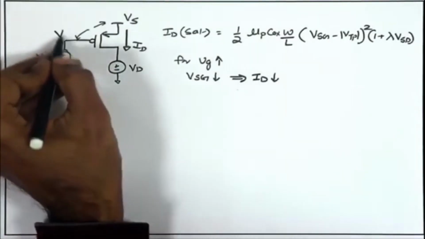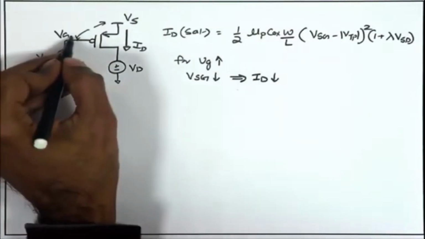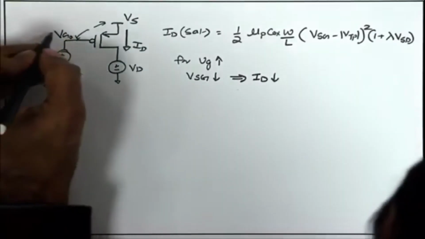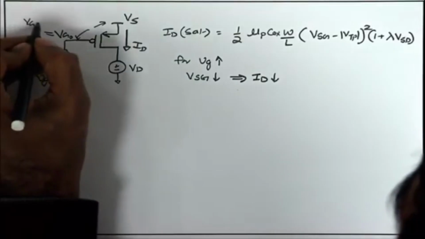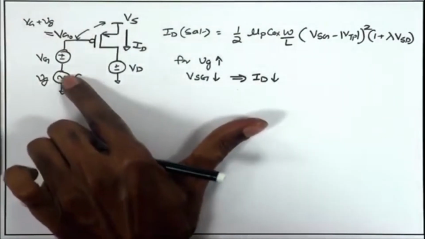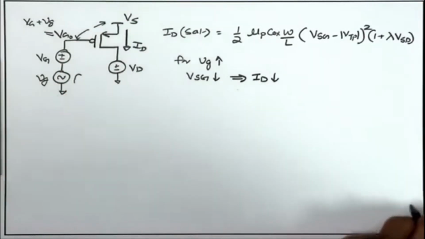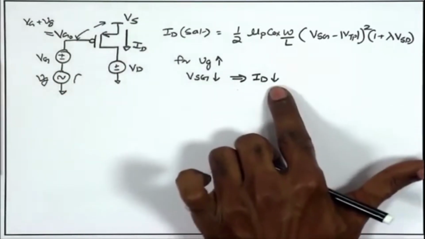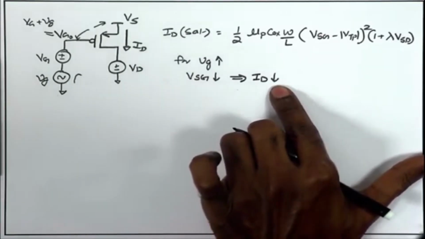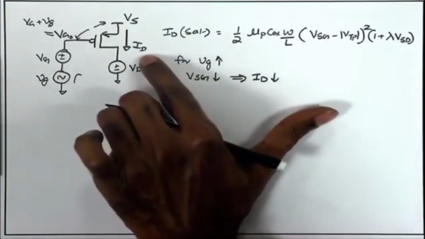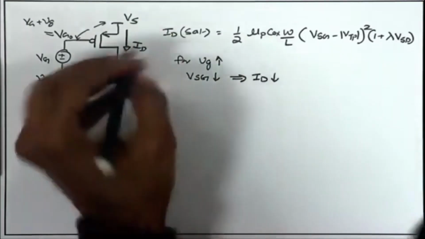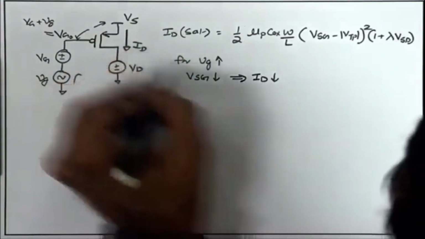The absolute Vg is Vg naught, which is a combination of Vg plus small vg. So, if I am increasing the small signal, making it positive, the Vsg reduces, Id reduces, that is the DC current which is reducing. If I model my small signal current as the current flowing from drain to source, what can I say about that current? So, this Id is definitely reduced to Id minus delta Id.